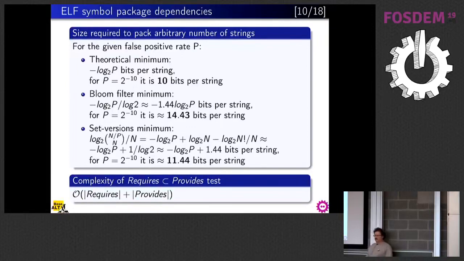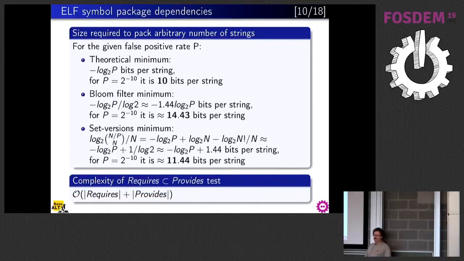So for the probability we use, 2 to the minus 10th, it's about 14.5 bits per string, and for set versions it's much better. I mean, it's not the multiplier.